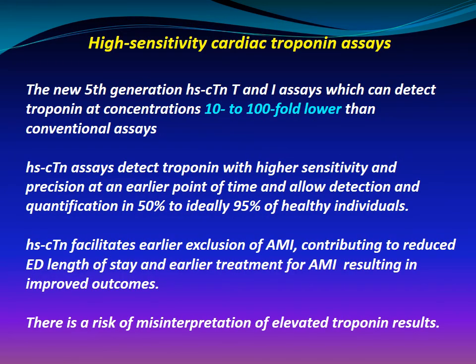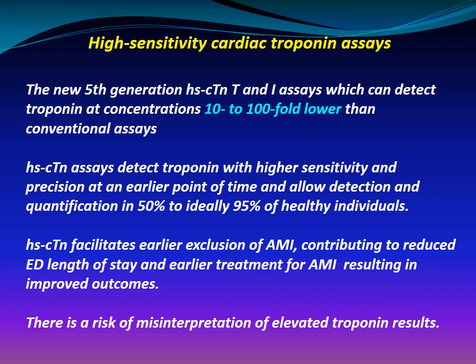High sensitivity cardiac troponin assays. The new 5th generation high sensitivity cardiac troponin T and I assays can detect troponin at concentrations 10 to 100-fold lower than conventional assays. High sensitivity cardiac troponin assays detect troponin with high sensitivity and precision at an earlier point in time and allow detection and quantification in 50% to ideally 95% of healthy individuals.